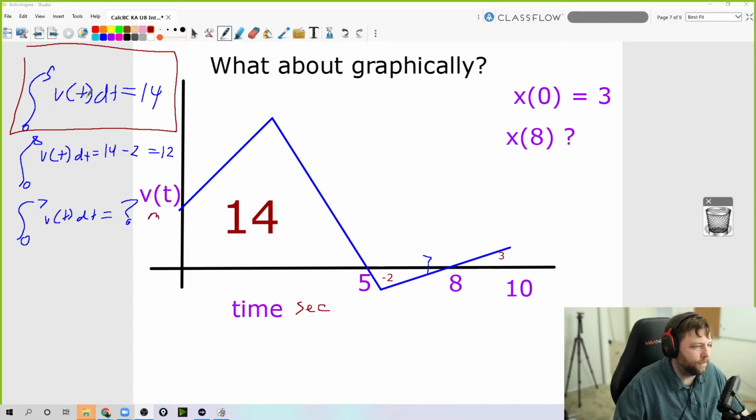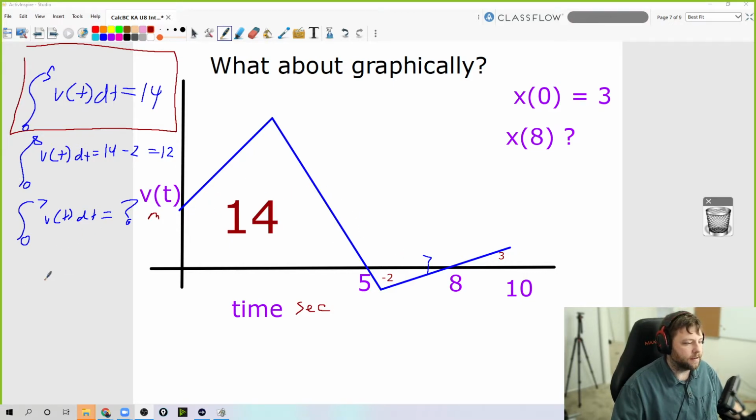So if this is 14, let's say in meters and seconds, this means I have my displacement. I have moved 14 meters in the positive direction at 5 seconds. This does not mean my position is 14, because I have to account for what my initial position was. But it says I've moved that much.